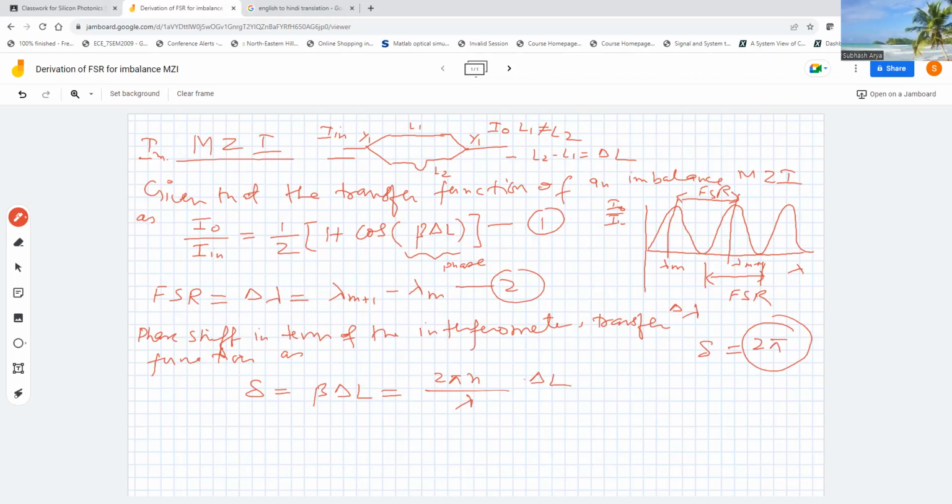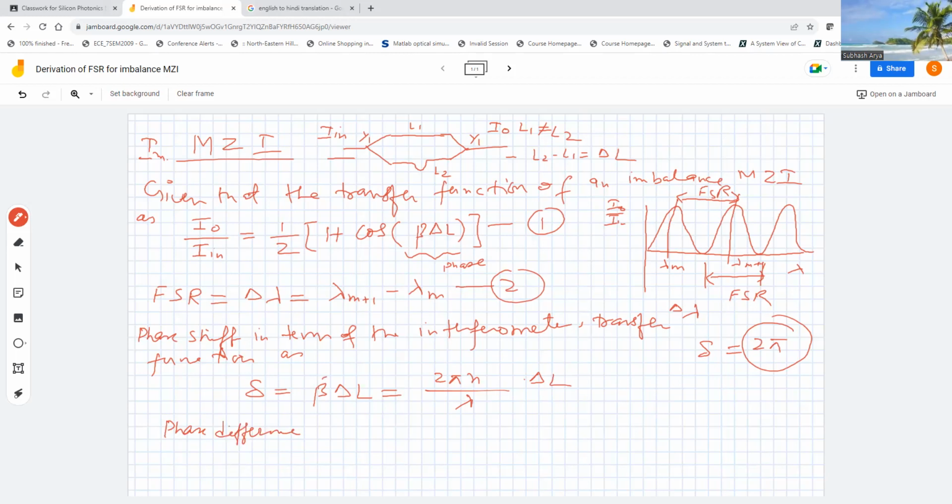Now the phase difference is occurring because of the change in this beta. Two betas are traveling.